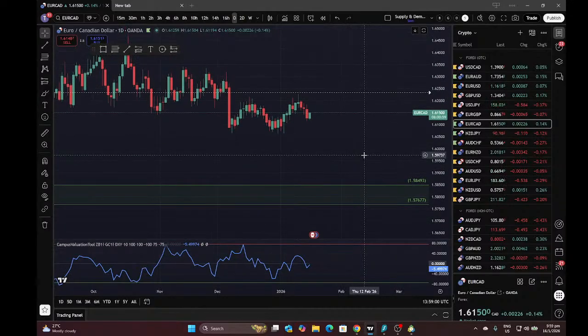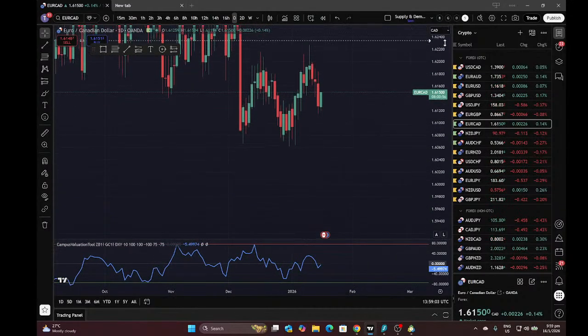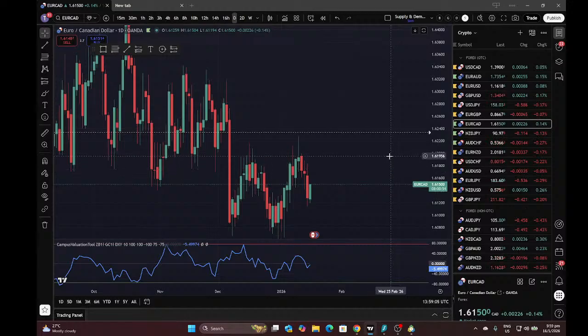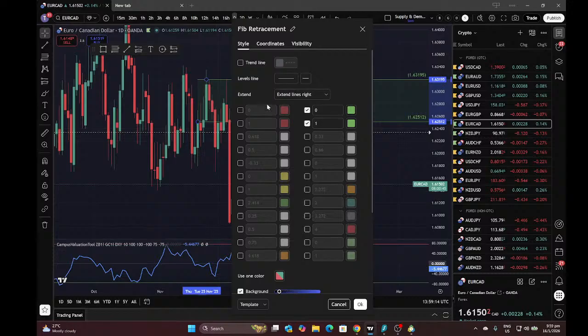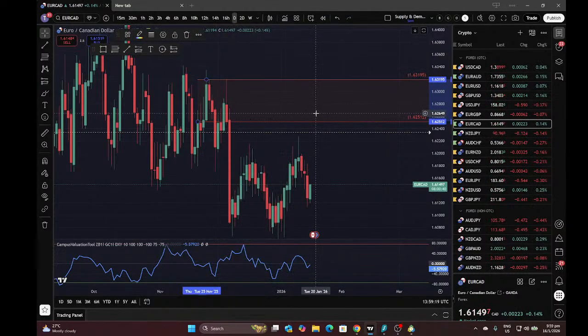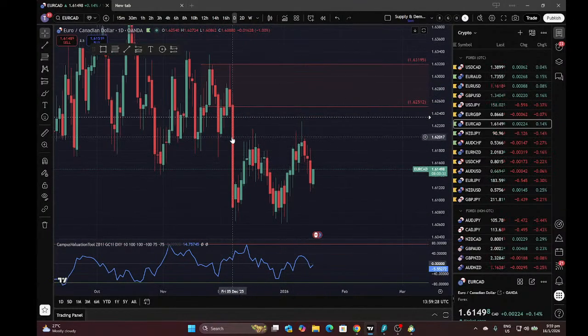As for the supply zone, what immediately triggers me is this one over here. This one is a good zone. It's a rally-base-drop, and this candle is pretty huge, and I like this kind of candle to be used for my supply or demand zone.